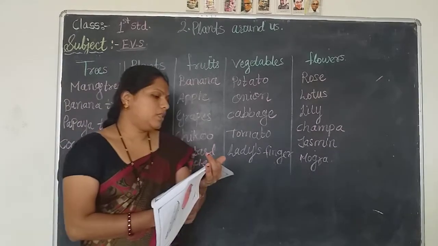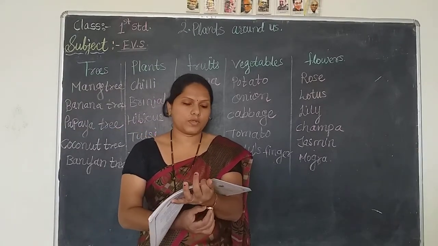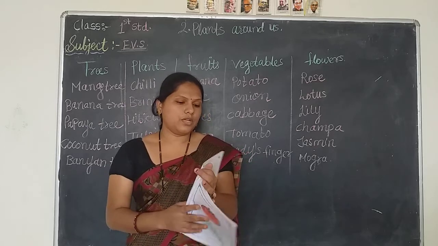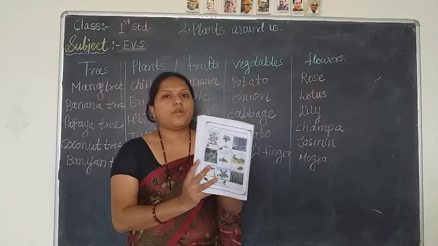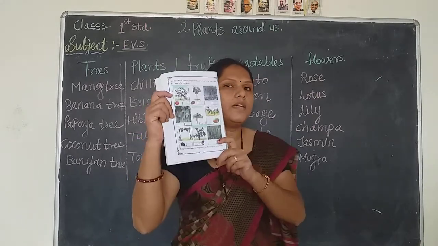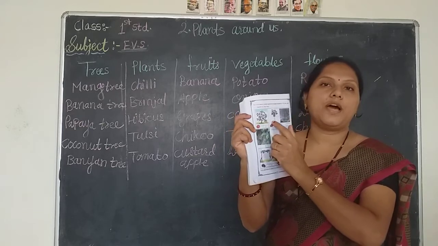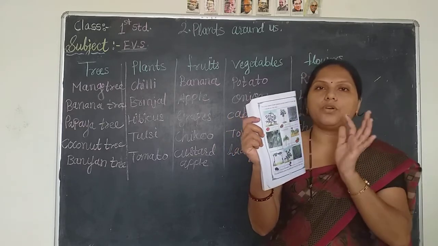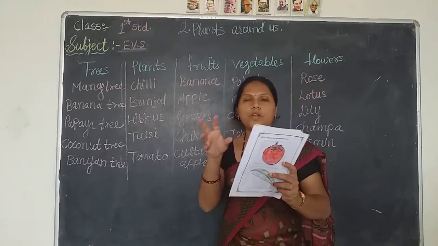Do you have these plants in your locality? Yes, put a right mark in the box. Listen to the question given here: do you have these plants in your locality? Some plant names are given here. If you see them in your surroundings, you have to put a right mark, otherwise make a cross. Okay, have you seen a tomato plant in your surroundings, in your locality?